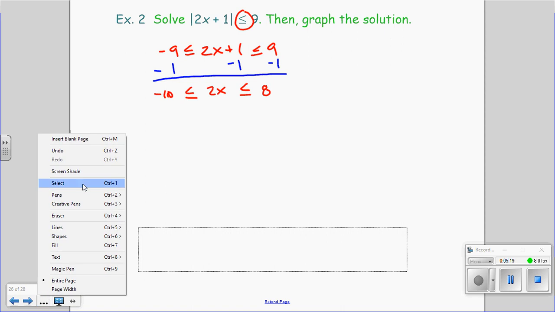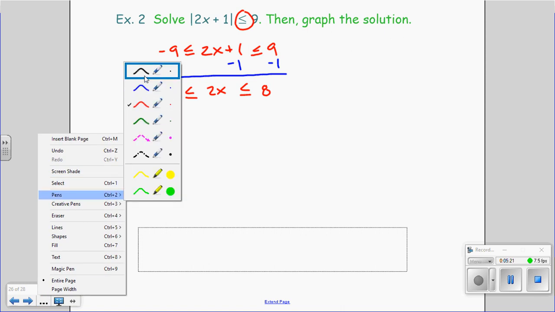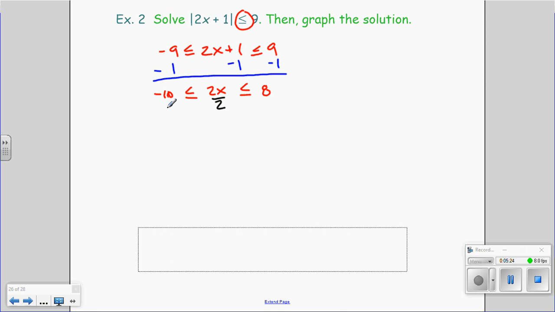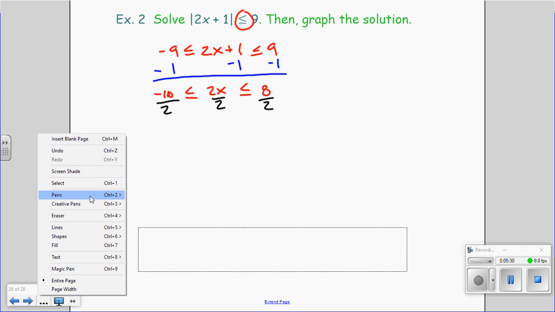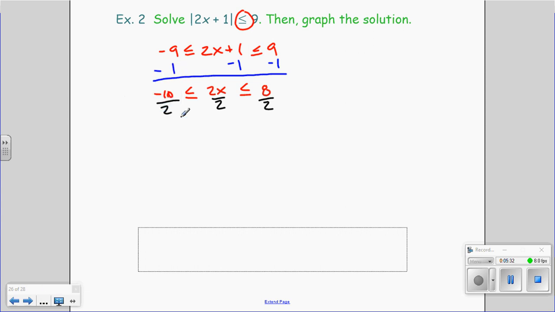And now, to get x by itself, I need to divide by 2 in the middle, but that means divide everything by 2. So I'm left with negative 5 is less than or equal to x less than or equal to 4. Don't forget the rule: when you divide or multiply by a negative, the inequality symbol flips over.